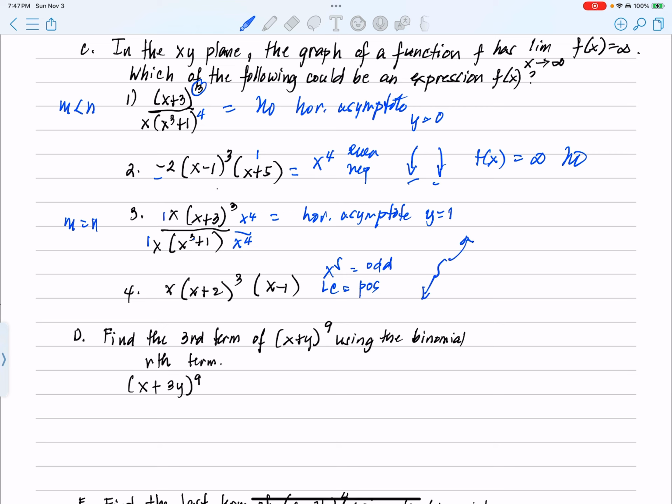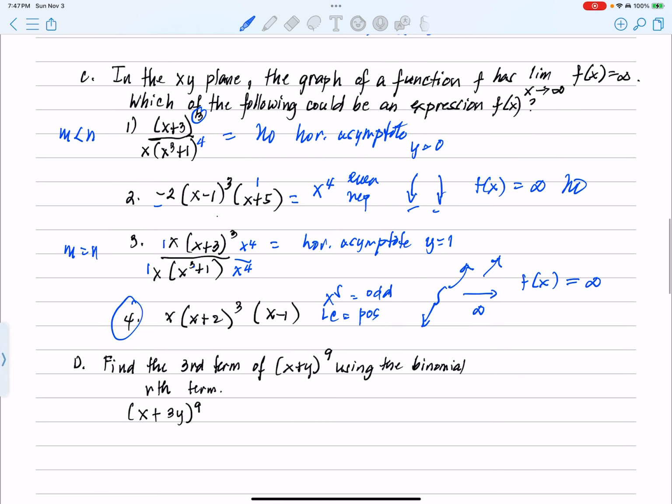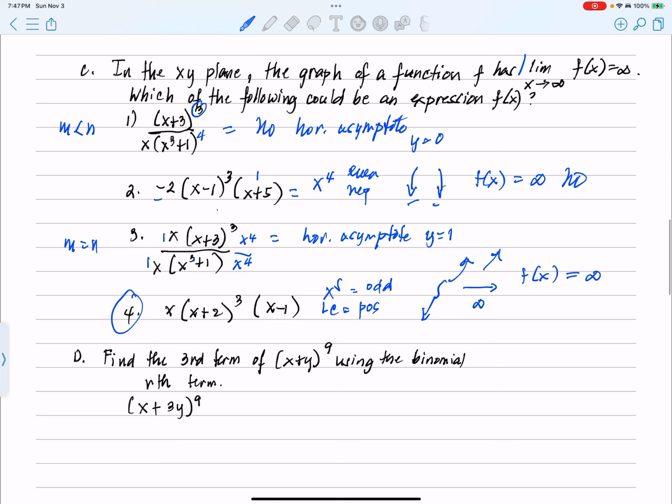All right? Because it's odd positive, on the right, as x goes to positive infinity, the function equals positive infinity, because it's going up right there. So therefore, this answers the question about having this limit.